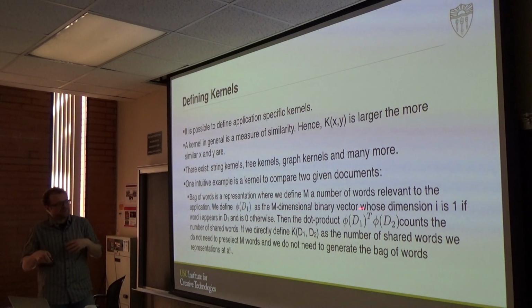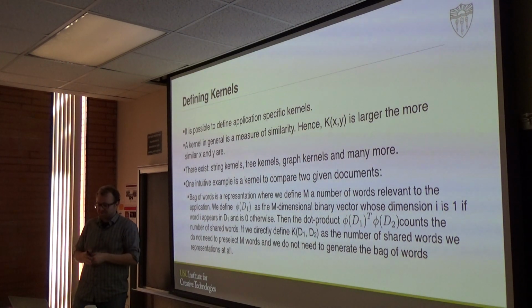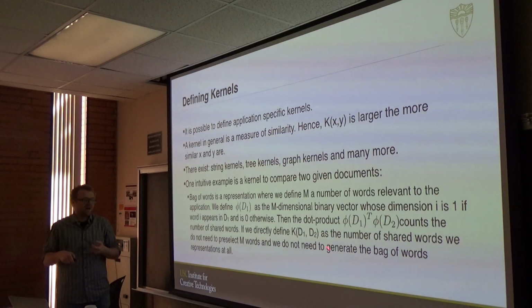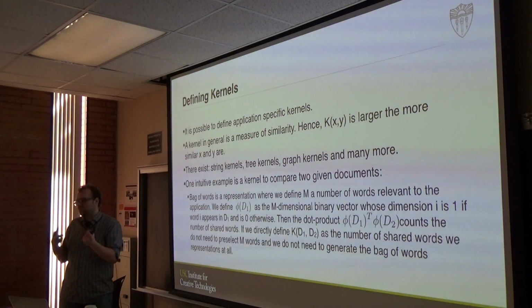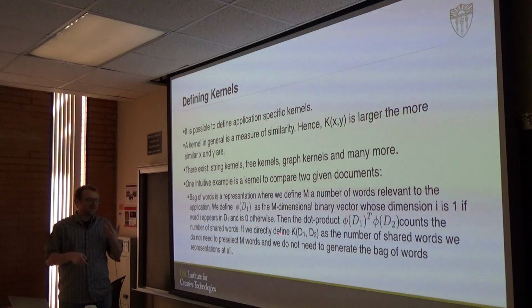You don't have to compute this complicated dot product between two documents, but you can just count the number of coincidental words between two documents, which is directly calculating the dot product between two very long vectors.